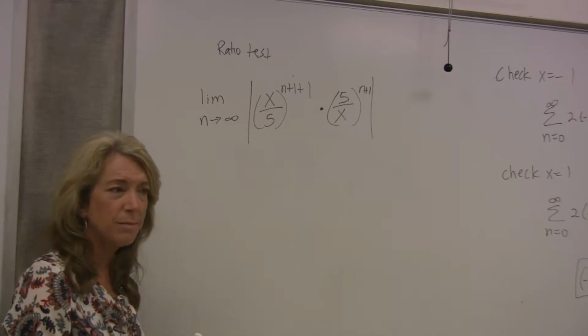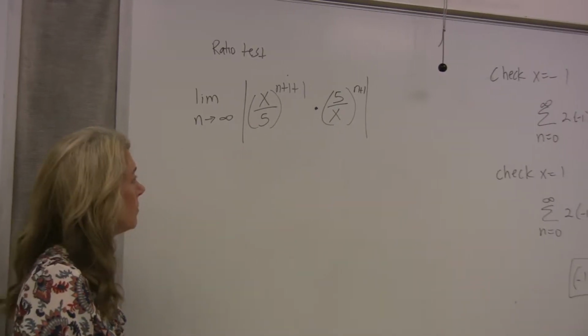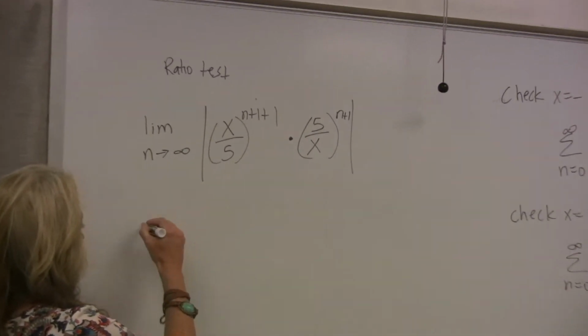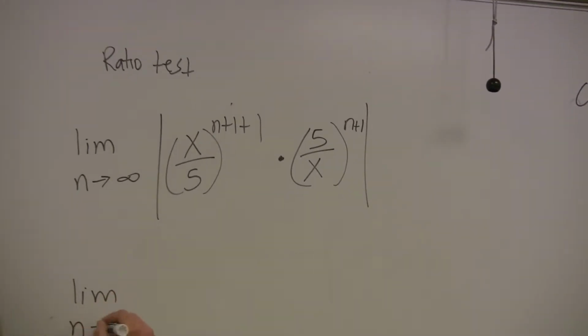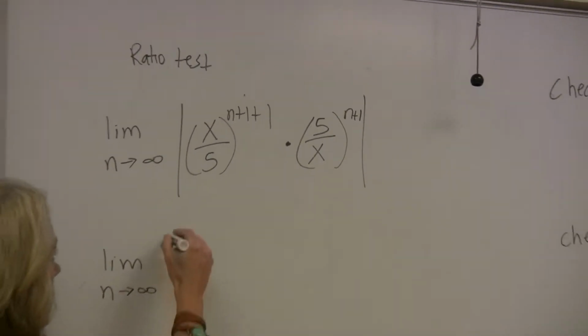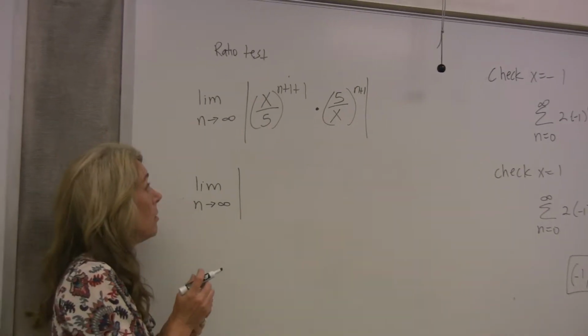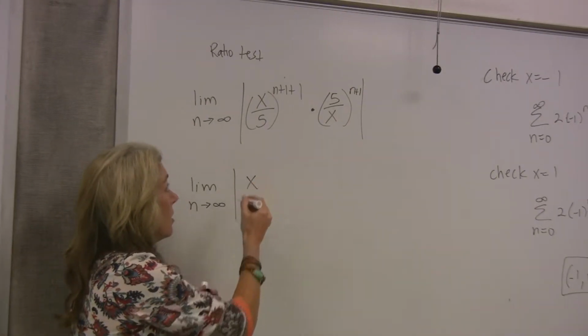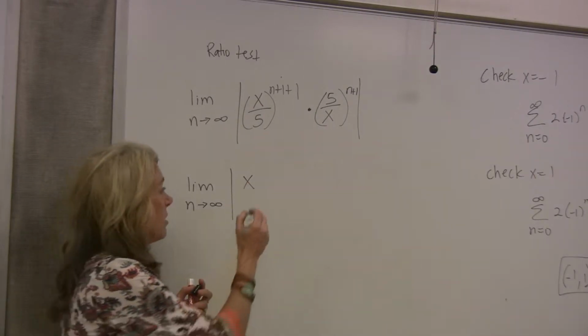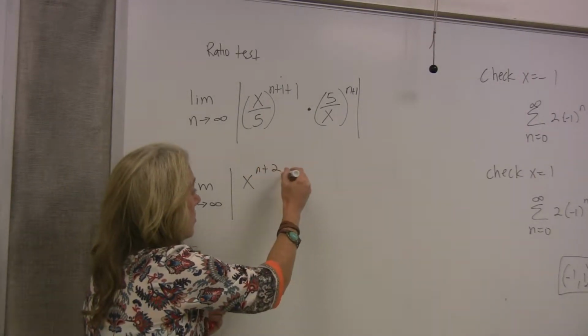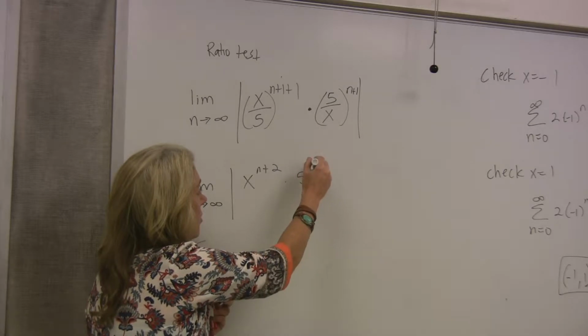What happens here? How many x's do I have on the numerator? x to the n plus 2. And in the numerator, I have 5 to the n plus 1.